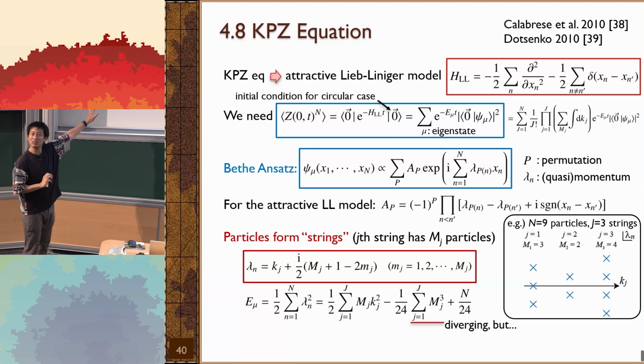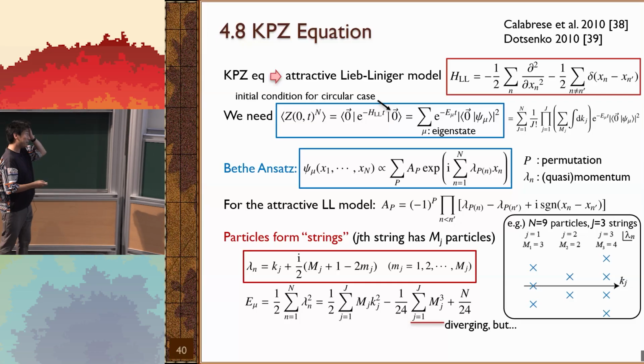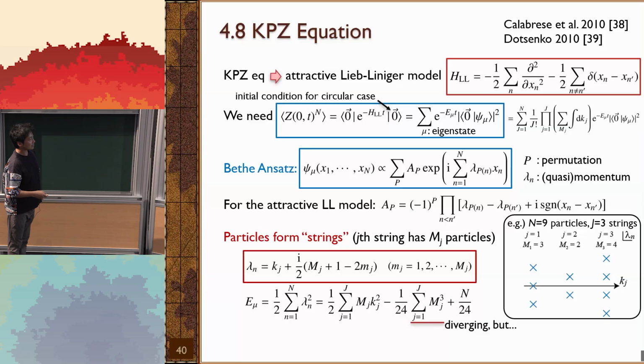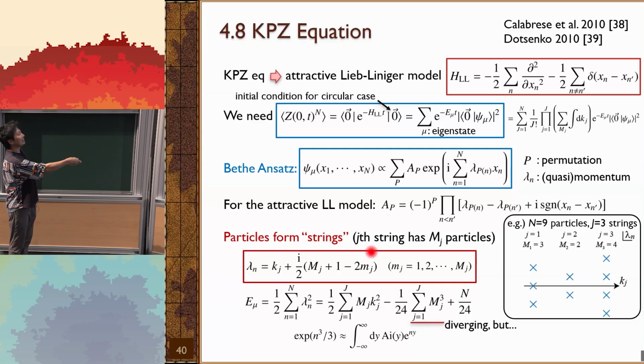And that's why it is not usually considered in the literature of quantum integrable systems. But this is what we need to deal with in the KPZ case. So this is a problematic term. But actually, there is a nice formula telling that exponential of n cubed can be expressed as an integral of the Airy function.